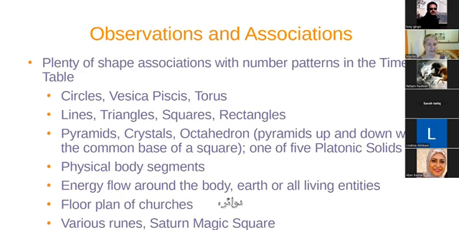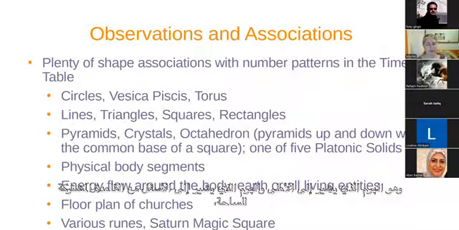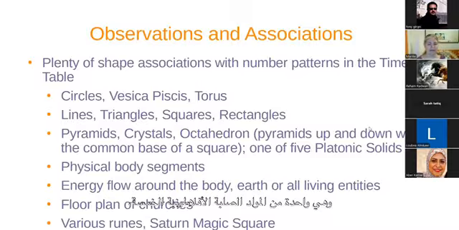Circles, vesica piscis, curves, lines, triangles, squares, and rectangles, pyramids, crystals, the octahedron, which is the pyramid pointing up and the pyramid pointing down, with the common base of the square, which is one of the 5 platonic solids, the physical body segments, energy flow around the body, Earth and all living entities, and floor plans of churches, various runes, and Saturn magic square.